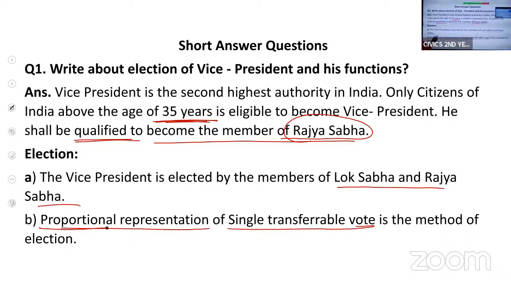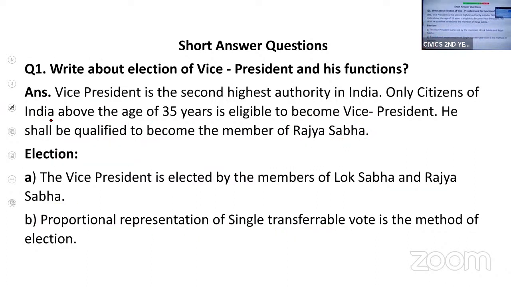For example, if one member of Lok Sabha is representing 10,000 people, his vote is counted as 10,000, not as one, because he is representing 10,000 people. That is called proportional representation.